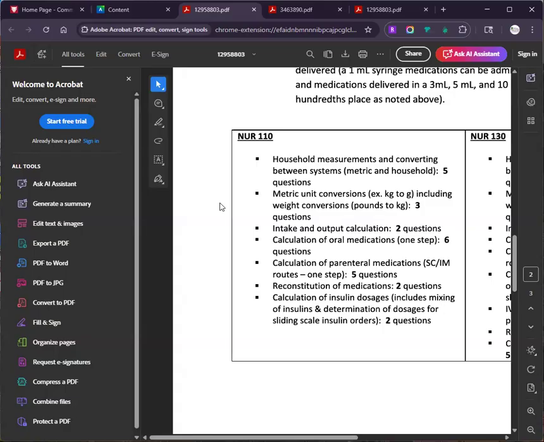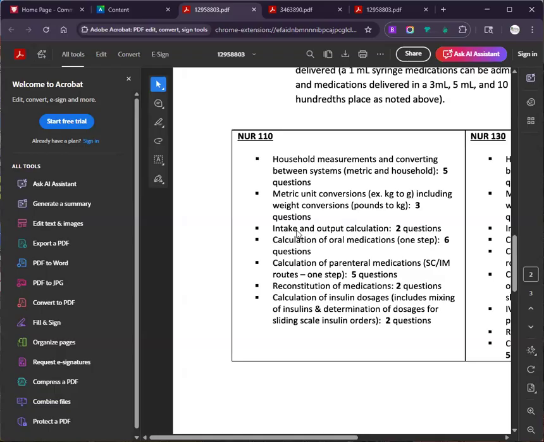Okay. You're going to need to know how to do an intake output calculation. What we do for 110 at the Allegheny campus is you're going to calculate a fluid replacement volume after a patient has voided. So they've peed out a certain quantity, and you're going to calculate the replacement based off of a known replacement volume.